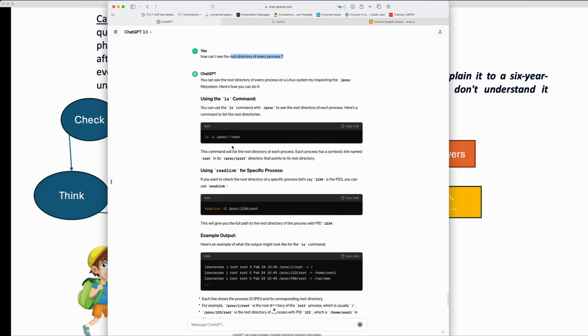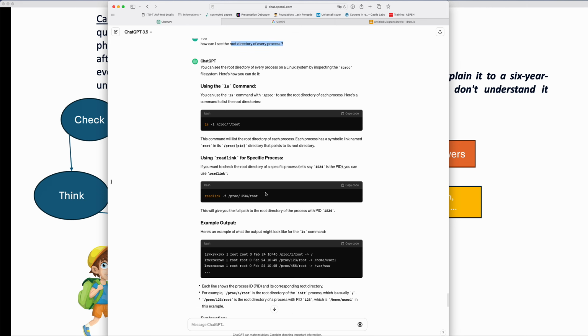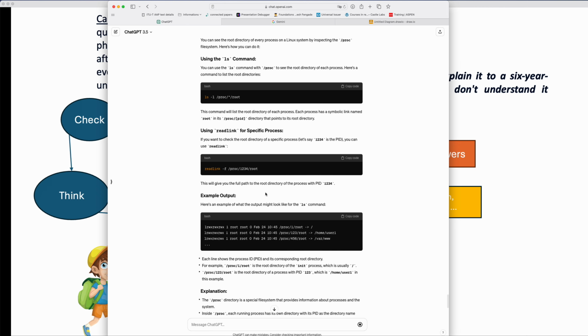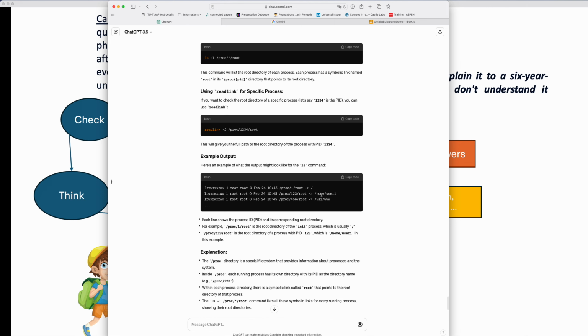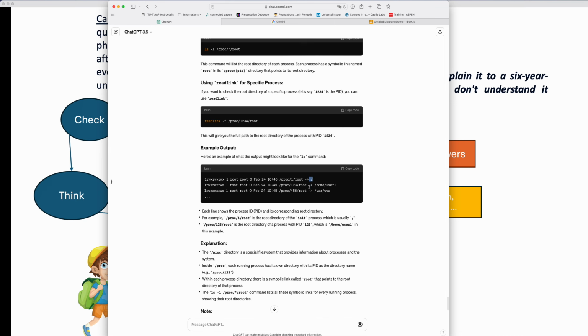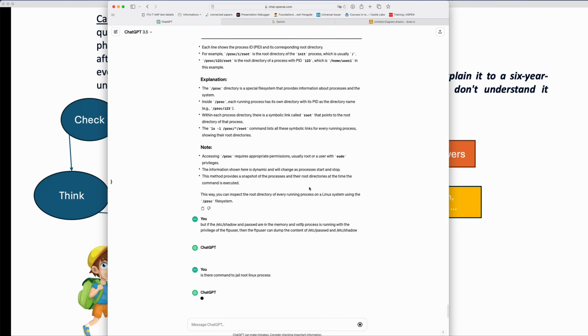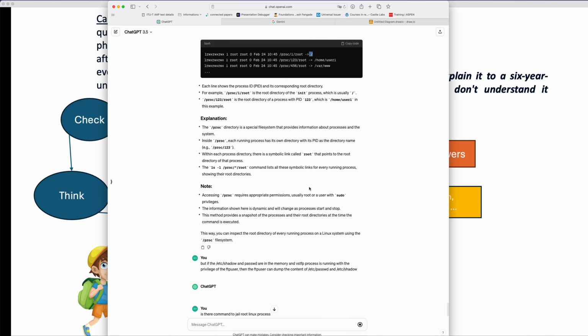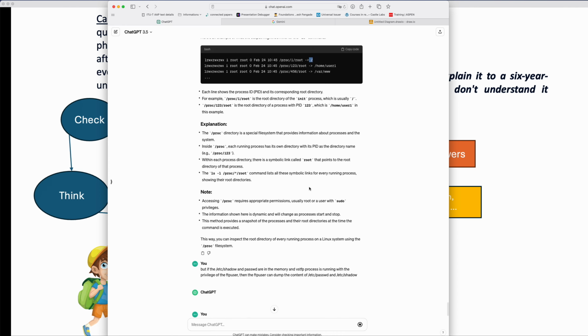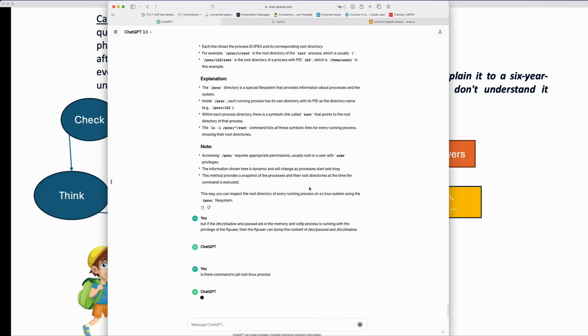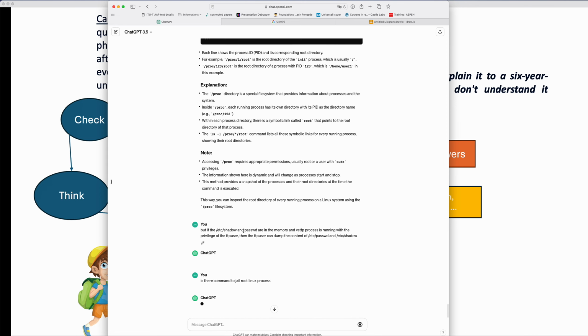The tool tells me, you go there and read this file, and then I will understand that every process can have its own root, which is different from the root of the operating system. Wonderful, but I'm still not able to obtain an answer. And then suddenly the tool stopped working.